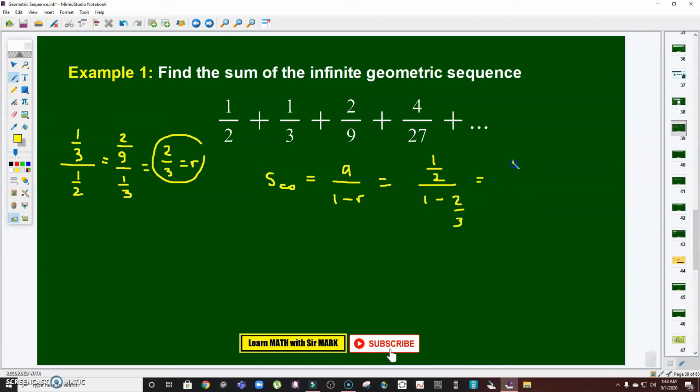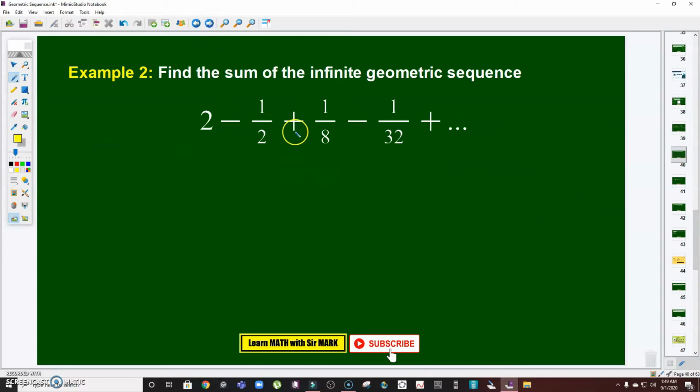Simplifying this will give us 1/2 over 1 minus 2/3 is 1/3. Right? So, therefore, 1/2 over 1/3, we know the answer here is 3 over 2. So, ibig sabihin, kapag inadd ko to towards infinity, the sum is 3/2 or 1.5. Clear?